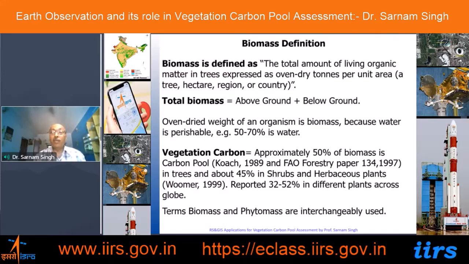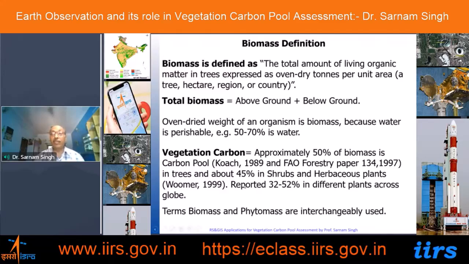And if you have the biomass, you multiply by 0.475 or 47.5%, whatever parameter you are using. So you can say roughly 50% of the biomass is carbon. Roughly, and it varies from 30 to 52%.